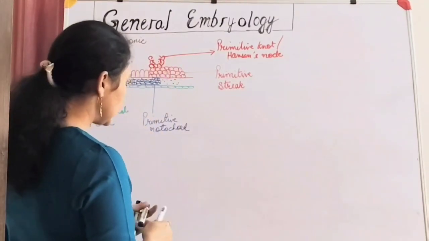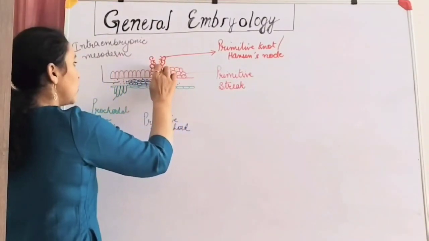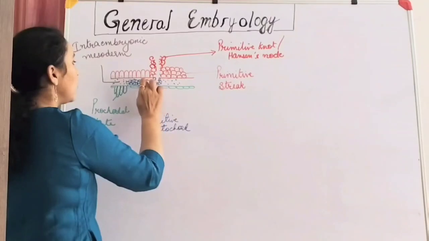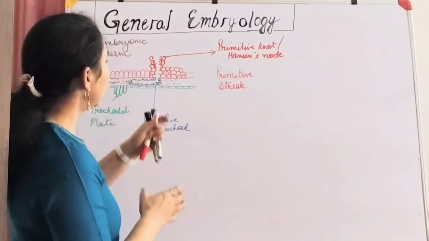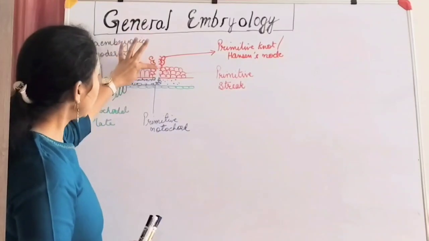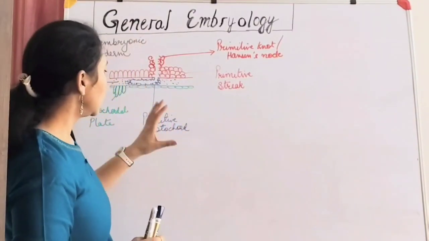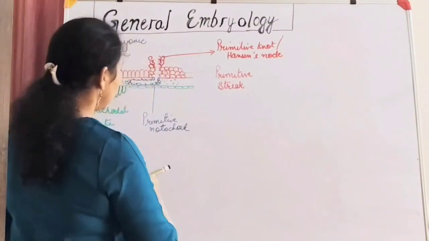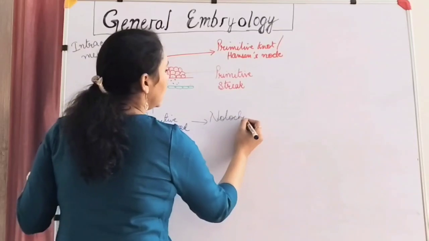The next step is that a cavity will appear here, a pit will appear here in the primitive knot, which is known as the blastopore, and this cavity of the blastopore will extend all the way into the primitive notochord. So this cavity of the blastopore has extended all the way into the notochord, thus converting the primitive notochord into the notochordal canal.